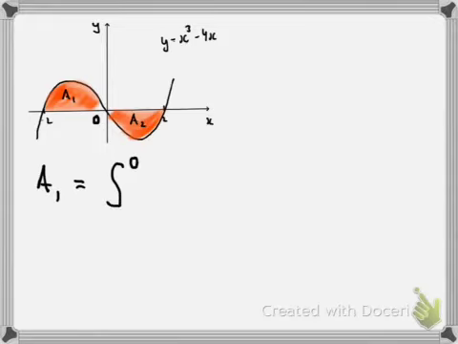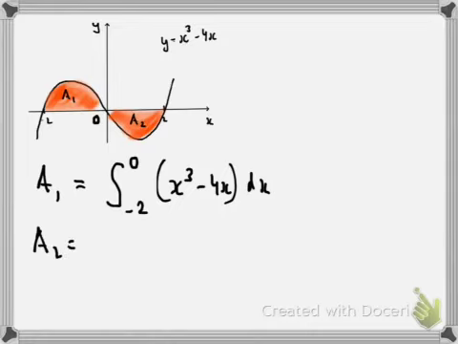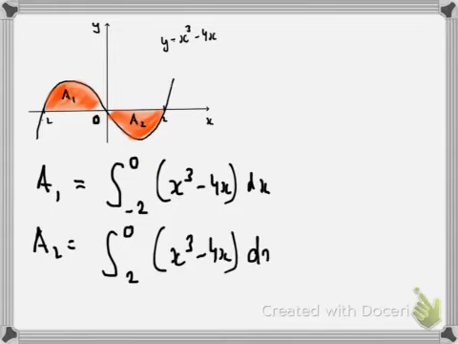It's above the axis, so it's right over left, negative 2 of our function here, x cubed minus 4x dx. So our A2 will be the integral, it's below the axis, so it's left over right, 0 to 2, x cubed minus 4x dx.